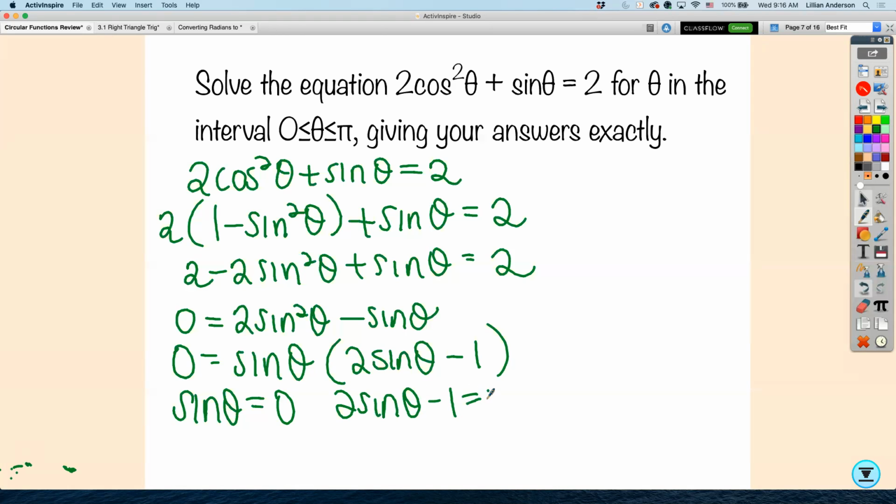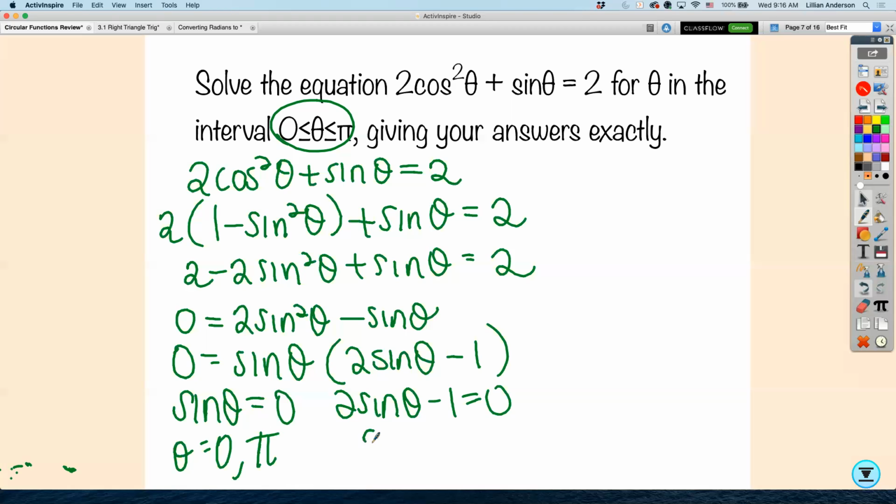And this is where knowledge of the unit circle comes in. Where on your unit circle, between 0 and pi is sine 0? 0 and 2 pi, but since I'm only looking between 0 and pi, it's only at 0 and at pi.